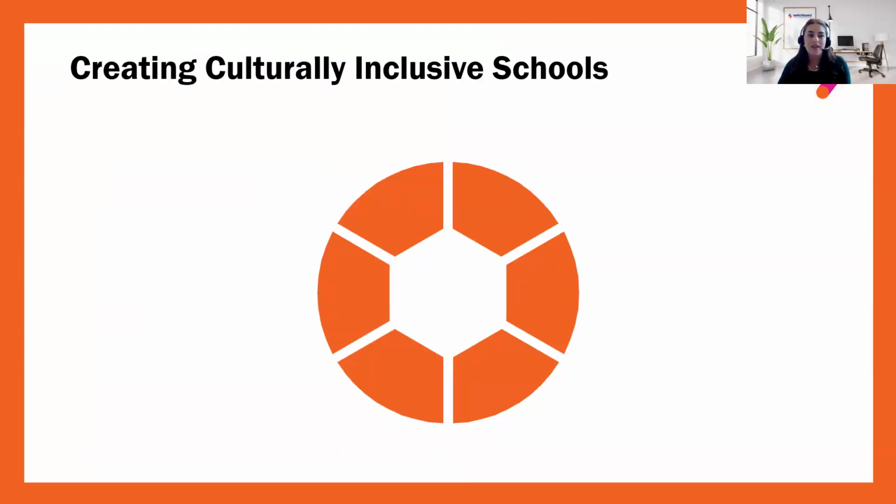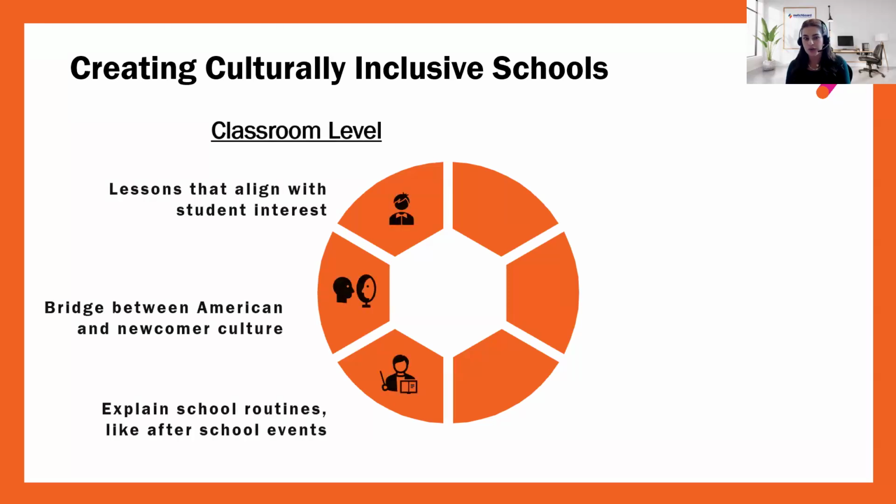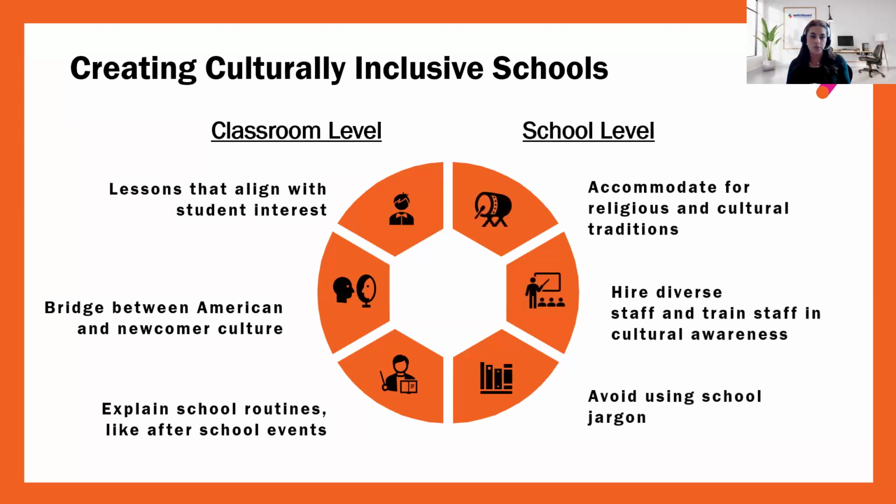All right. So, creating culturally inclusive schools, there's lots of different things that can be done both on a classroom level and a school level to make sure that we are practicing our cultural humility. On a classroom level, there's create lessons that align with the students' interests.